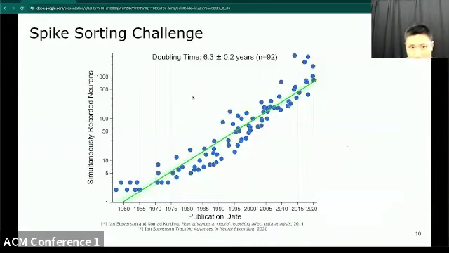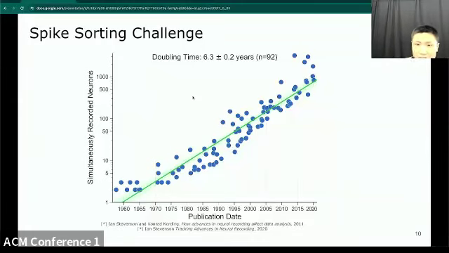Now, along with the problems of a noisy biological environment and superposition, one of the key difficulties today of spike sorting is scaling up. If you attended Professor Bhattacharjy's keynote from last year's ASPLOS, you might have seen this figure, but essentially it says that every few years, there's a doubling of the number of simultaneously recorded neurons. This has sometimes been referred to as Stevenson's law or Moore's law of neuroscience.